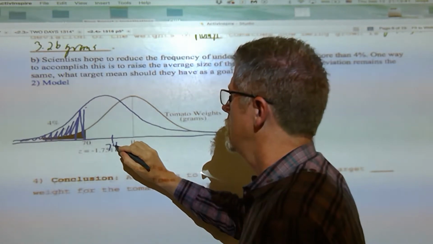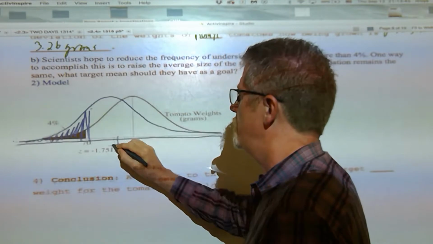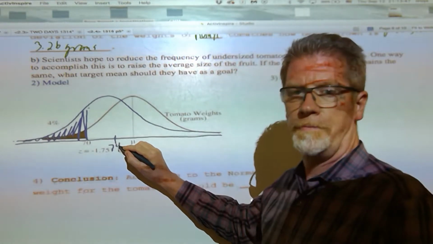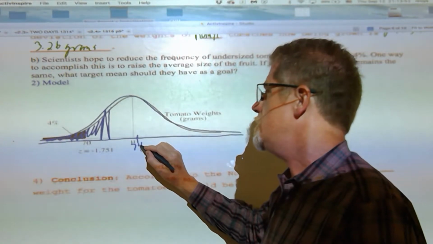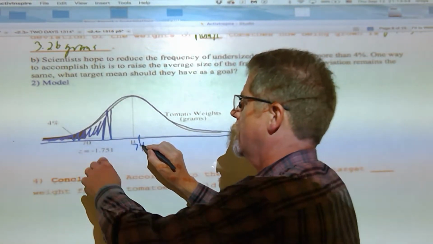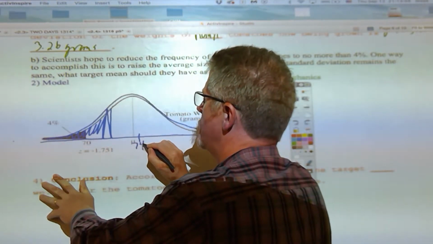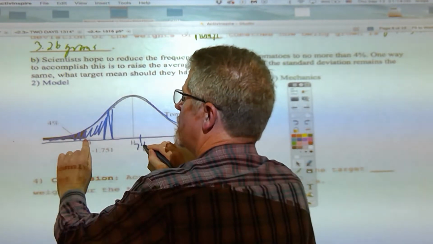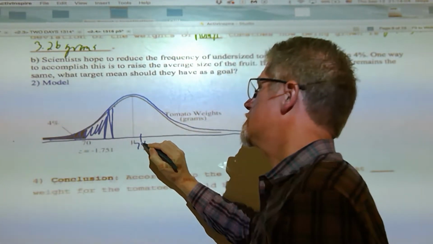Now we're going to say, let's make them bigger on average. If we make the tomatoes bigger on average, so that it's 74 and now it's up to mu, then only 4%. Notice how when you increase the mean size of the tomato, the percent that are under 70 grams shrinks from 11% down to 4%.